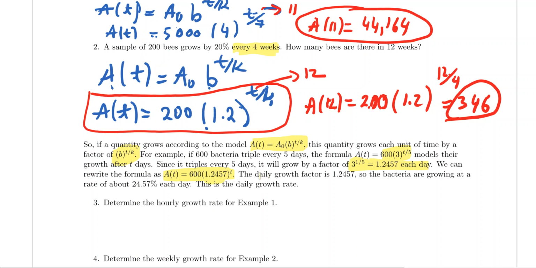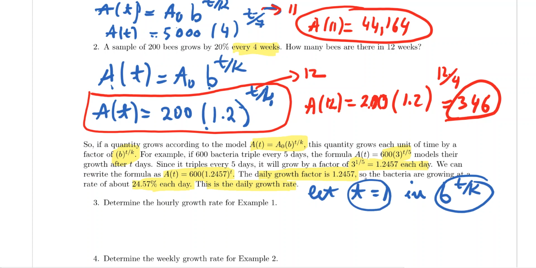And this gives you the daily growth factor as 1.2457. This means a growth rate of 24.57%. Remember, when you have the growth factor, to get the growth rate, you subtract 1. So to find the daily growth rate, you let T equal 1 in B to the T over K.